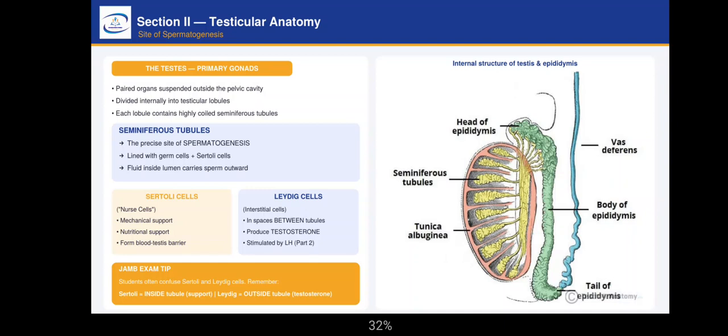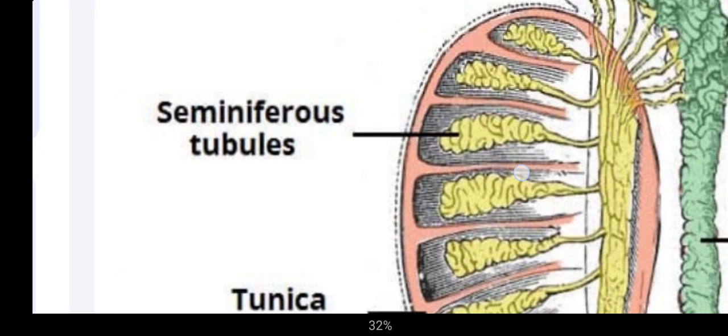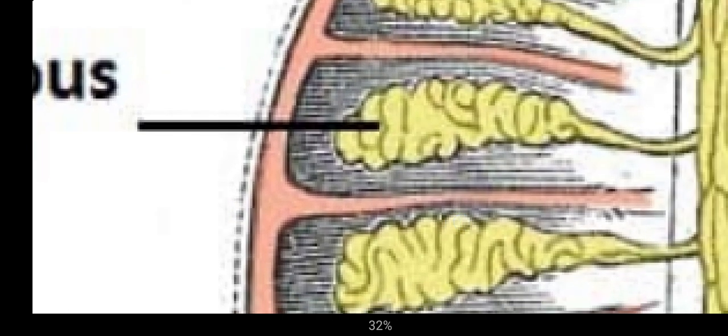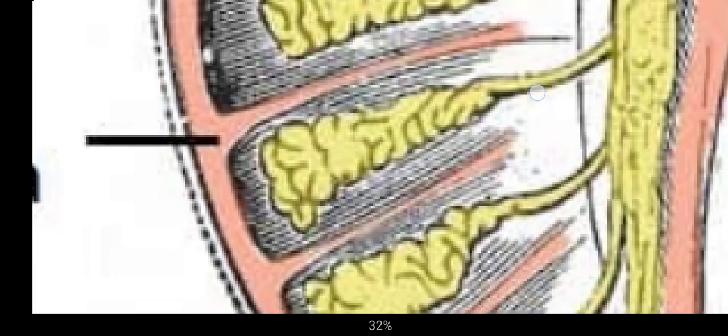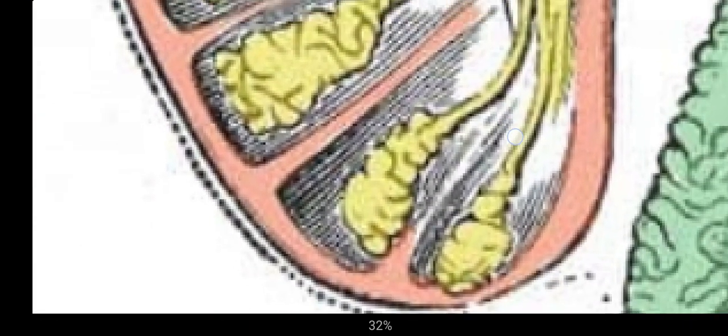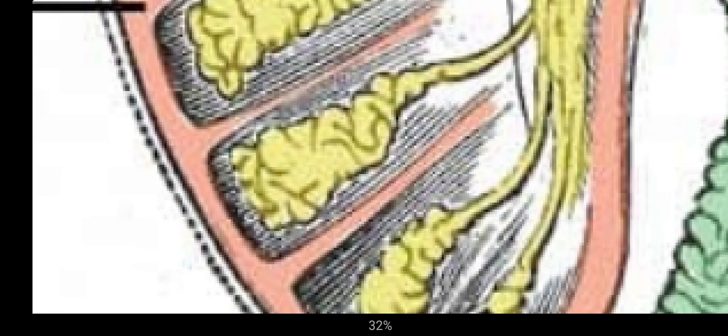Okay, so let me zoom in so you can see what I want to show you. All right, so let's go in. Okay, so you can see this is actually the seminiferous tubule. Okay, this yellow stuff that is coiled inside here. All right, so you can see it's like the testis is divided. Okay, there are sections. All right, and in every section, like for instance, this is a section, right? This is a section.